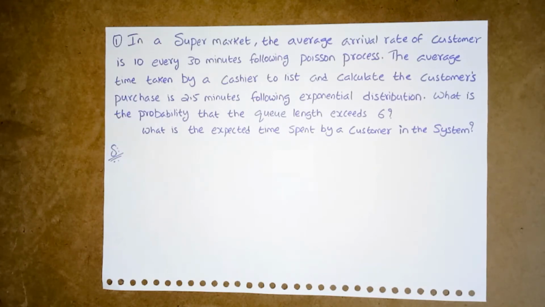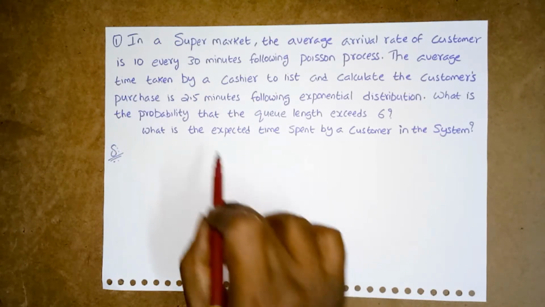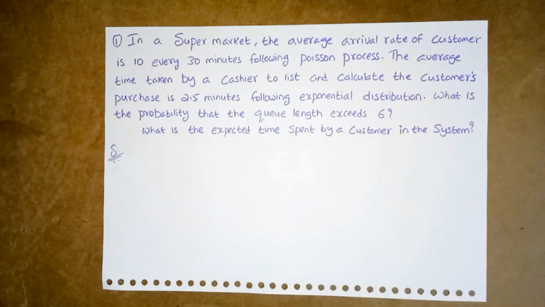Now, what we have to find from this data is the probability that the queue length exceeds 6. Queue length exceeds 6 gives the information about the size of the queue, the size of the queue being 6.